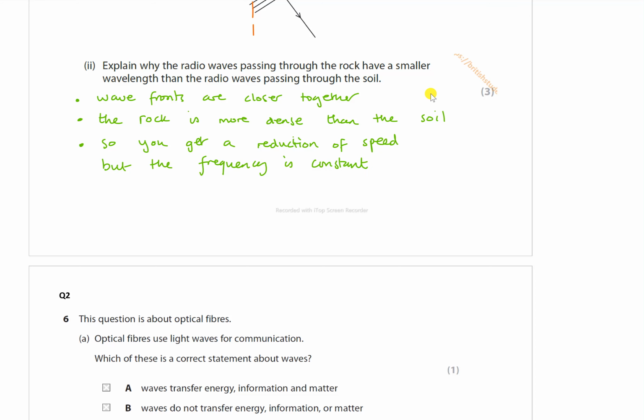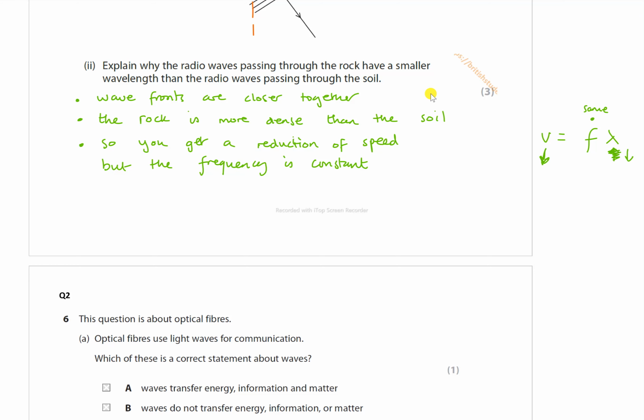So remember v equals f lambda. Frequency stays the same. If you reduce the speed, then the wavelength will go up. No, stop. Frequency stays the same, so the wavelength goes down because velocity drops.